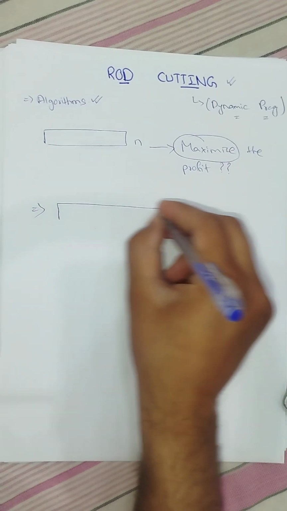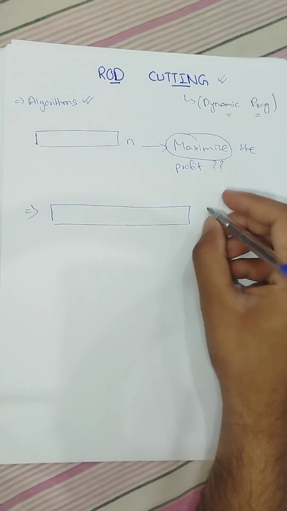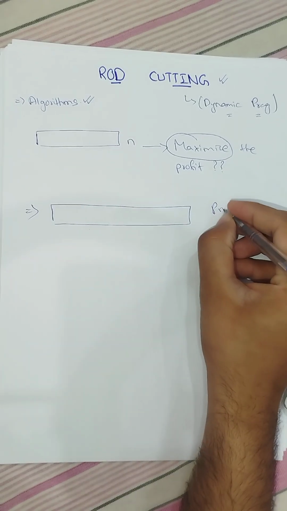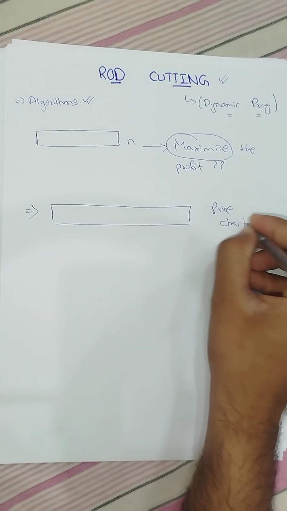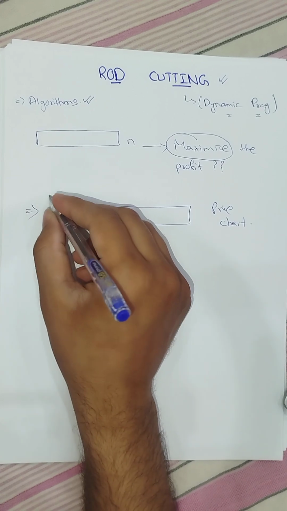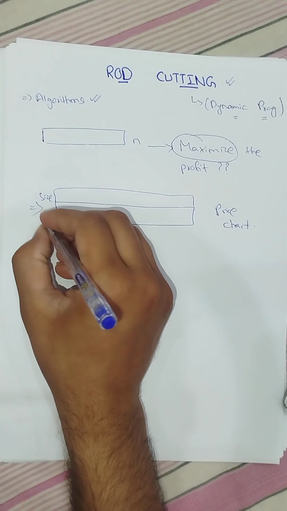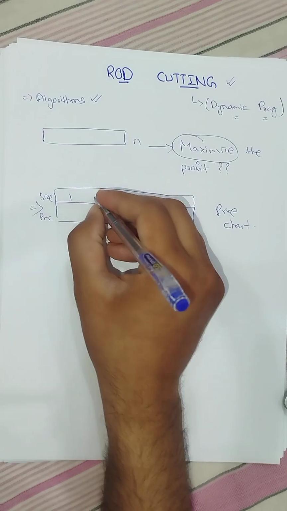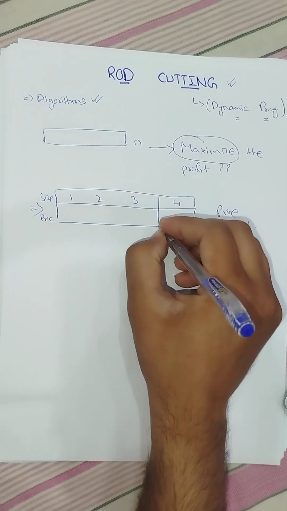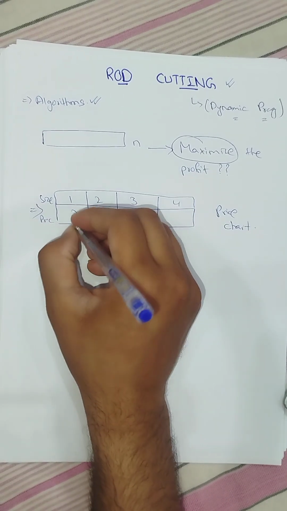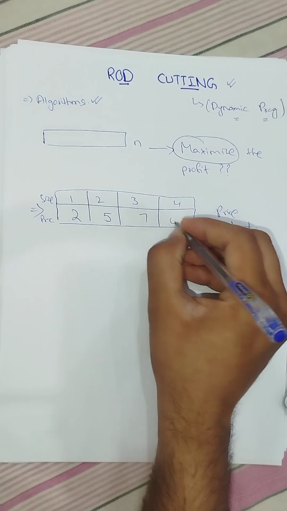For example, this is basically a price chart by the company. So here I mentioned size and then price. So it is given 1 2 3 4. I will explain what this means. 5 7 8.